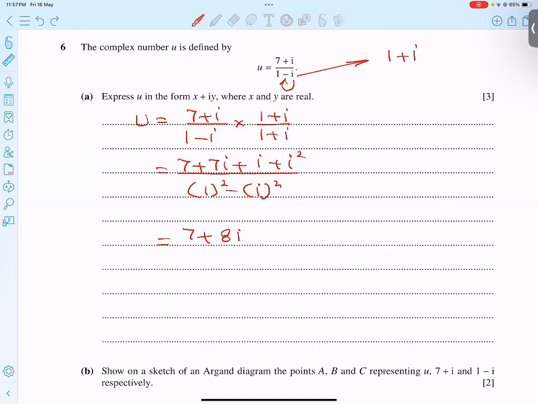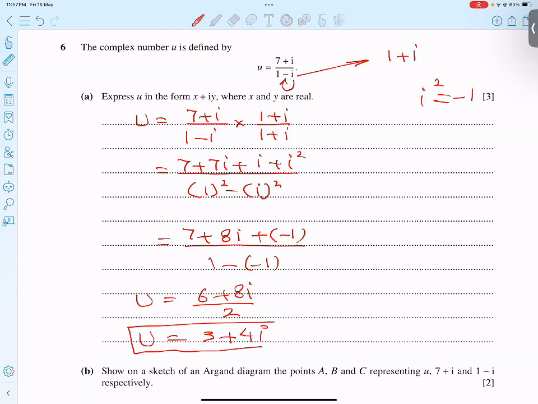And iota square is basically minus 1. Down I got again minus 1. So negative 1 plus 7 gives us 6 plus 8 iota. Down I got a 2. I simplify, 2 threes are 6, 2 fours are 8, and this is my final form, what he's asking for.